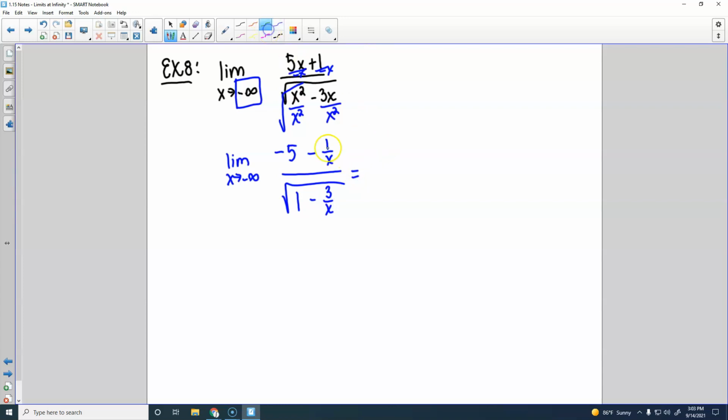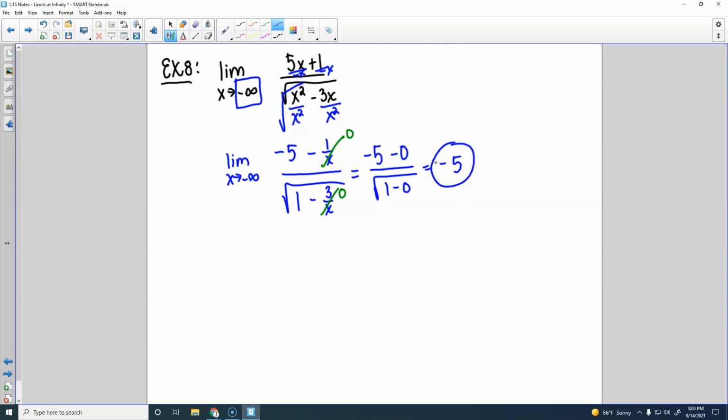And then all this stuff with x's in the bottom is going to be 0. So I got negative 5 minus 0 over square root of 1 minus 0. So it's just going to end up being negative 5.